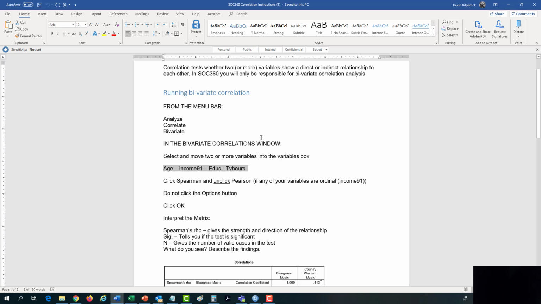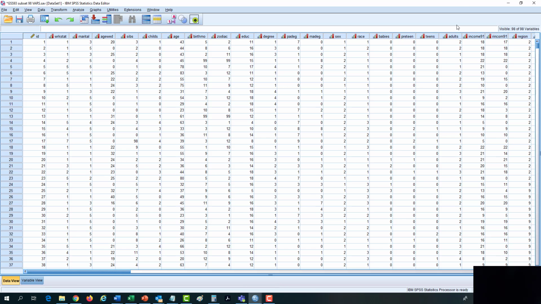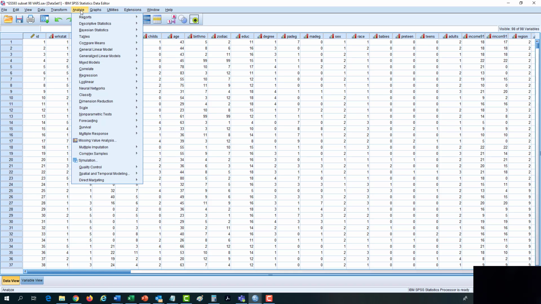We're going to put these 4 variables in a correlation. So I'm going to go to SPSS and our favorite little database, the GSS 93, and I'm going to go to Analyze, Correlate, and Bivariate. Look right below Correlate, it says Regression. So that's how close these two things are.